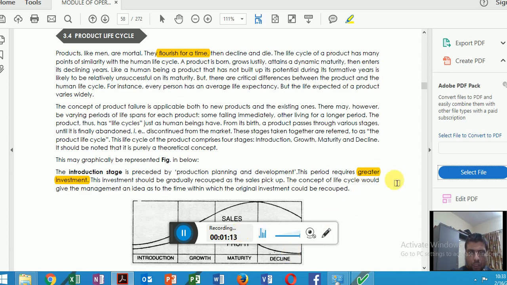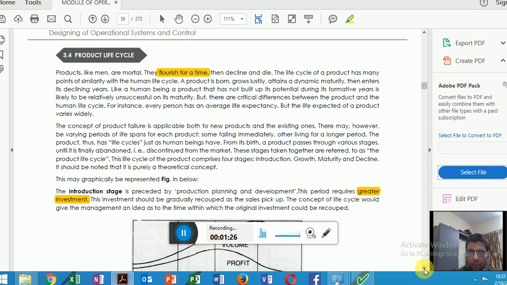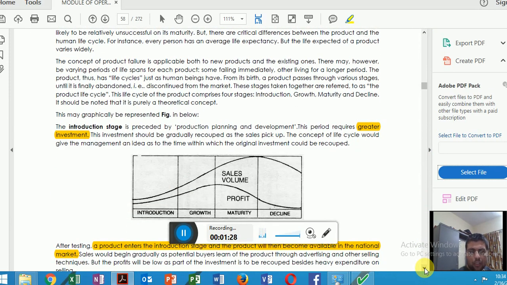Actually, in today's environment, the competition is increasing day by day. As a result, the survival of the product has become very difficult, in the sense that there is a huge competition in the market. So every product should have some unique feature to complete its life cycle so that it will be able to compete in the market.